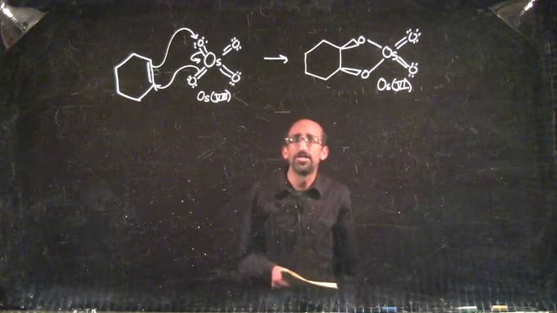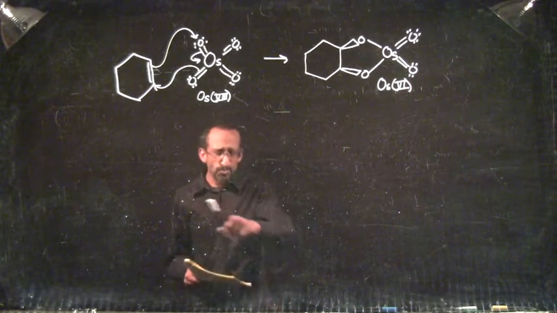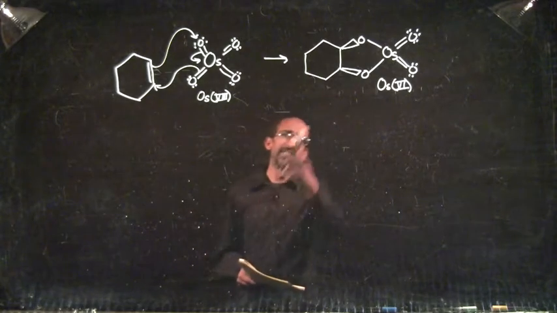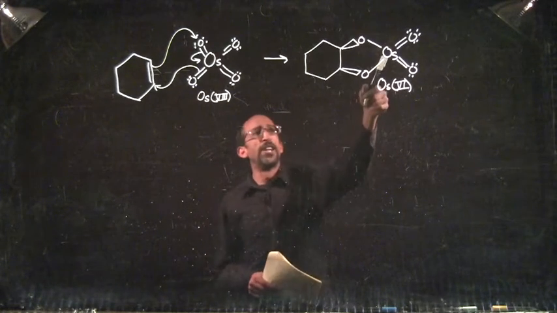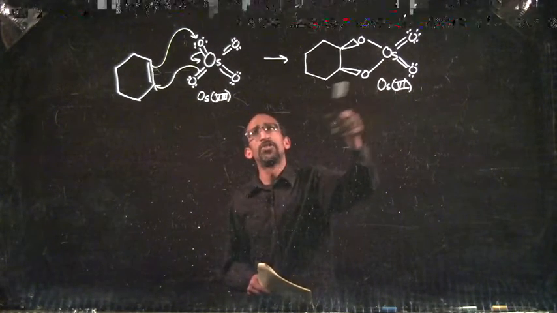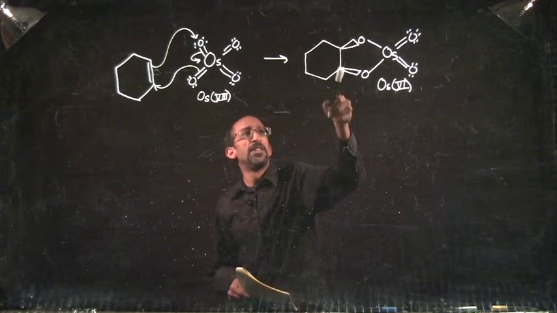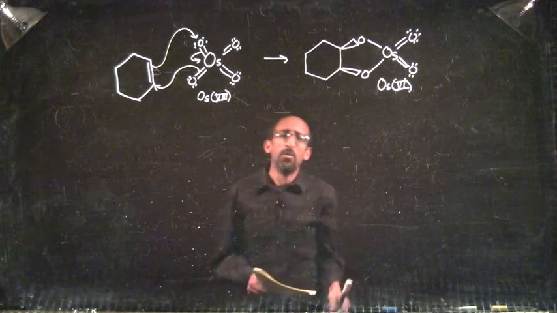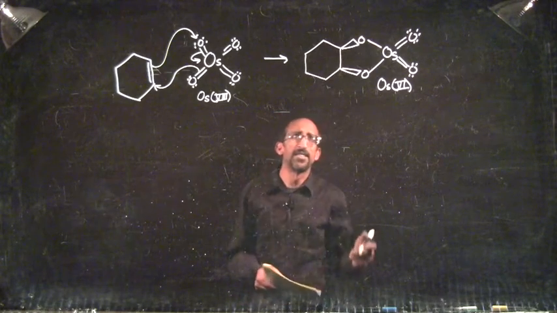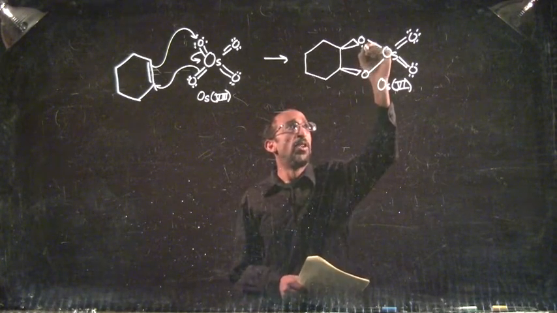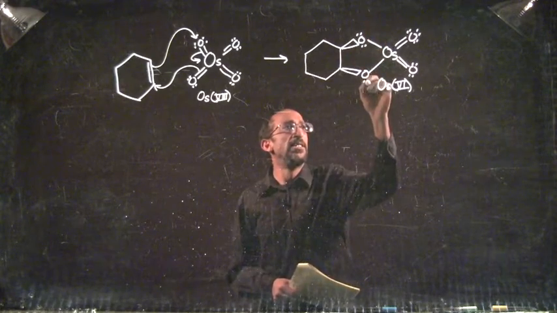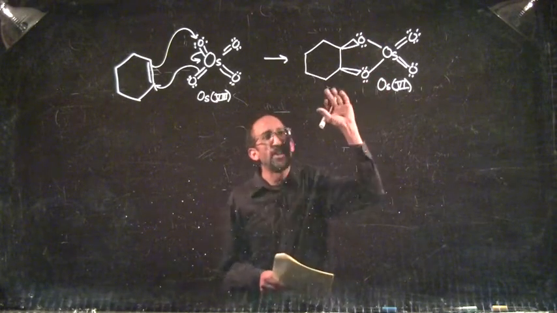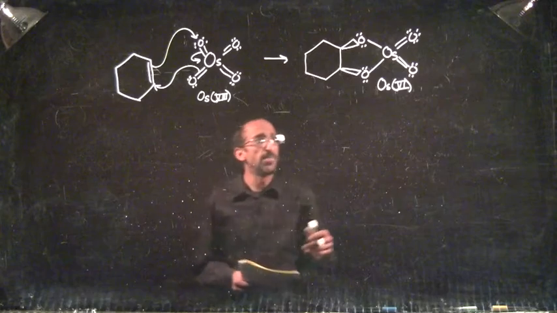Its oxidation state has decreased by 2. It has gained 2 electrons. The osmium has been formally reduced. If we do the oxidation state calculations that we've seen for these 2 carbon atoms, we'll see that both of those carbon atoms have been oxidized. So our first step is we form this cyclic intermediate after a syn addition of those 2 oxygens.